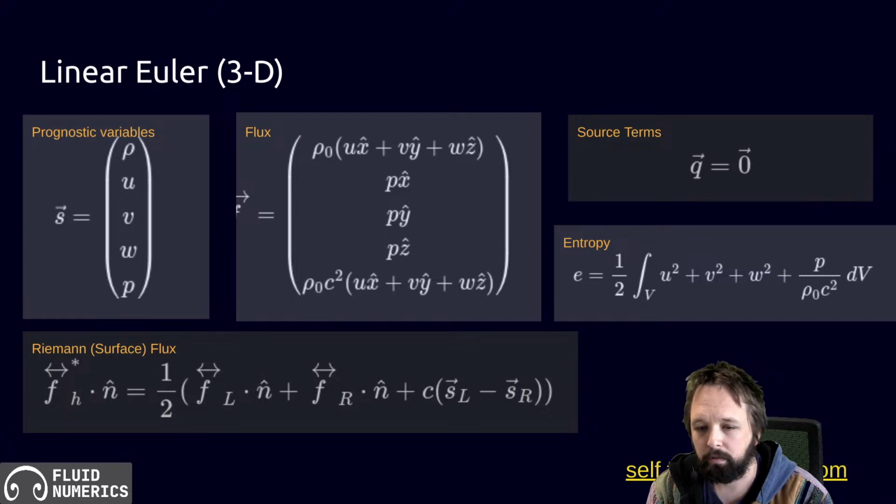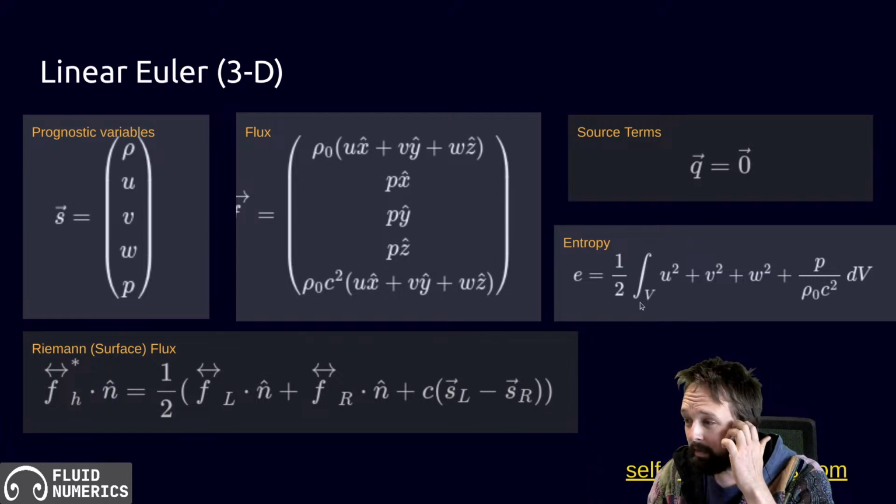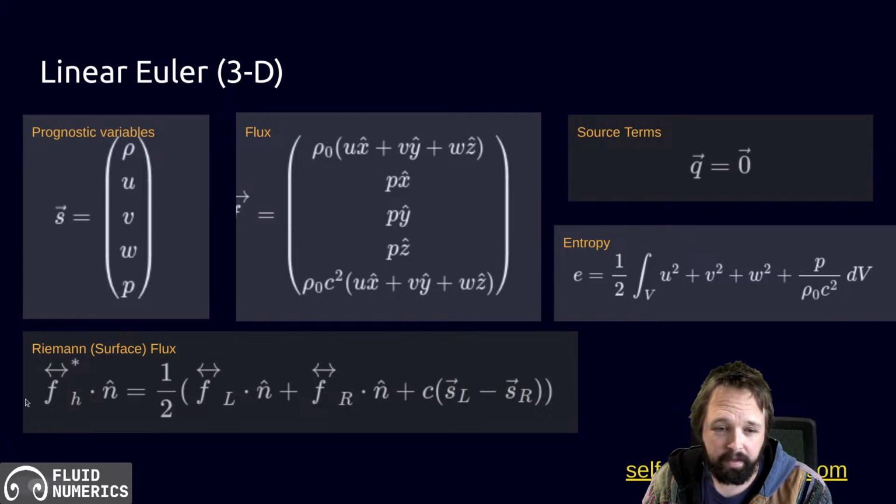Now the surface flux we're using for this, as we've been doing for all the linear problems, is a simple local Lax-Friedrichs upwind flux, which ultimately is about splitting the surface flux, so f dot n hat.